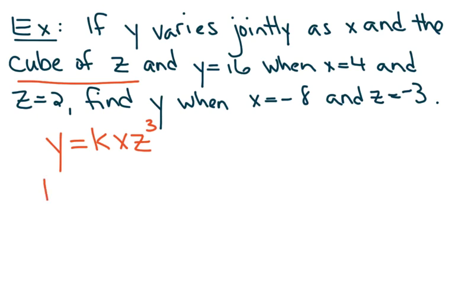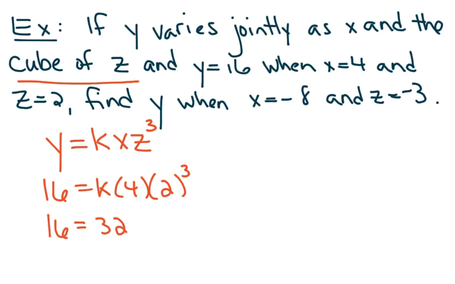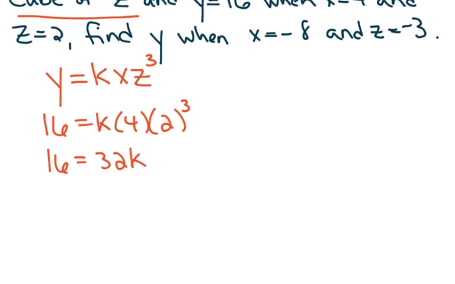So I know that y is 16 when x is 4 and z is 2. So now I can solve that equation for k. 2 cubed is 8. 8 times 4 is 32. And then when I divide by 32, I find out that k is 1/2. So we're going to use the equation y equals 1/2 xz cubed.